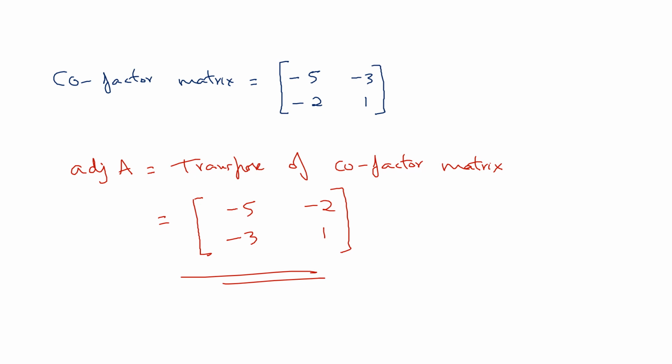Now we are asked one more. What is that? A into adjoint of A is equal to adjoint of A into A, that is equal to determinant A into I2.